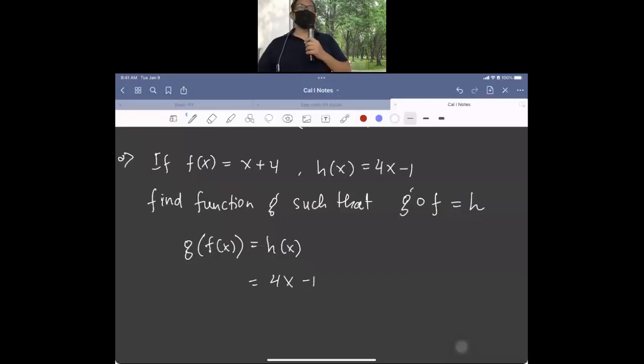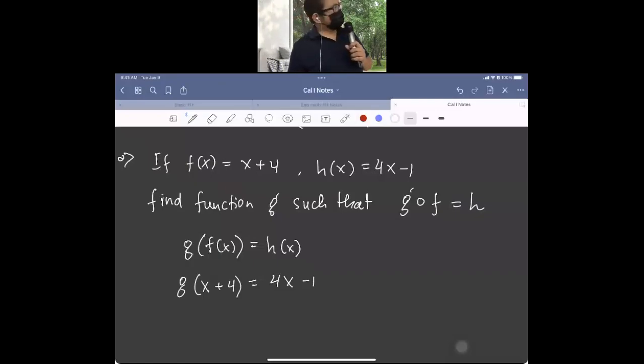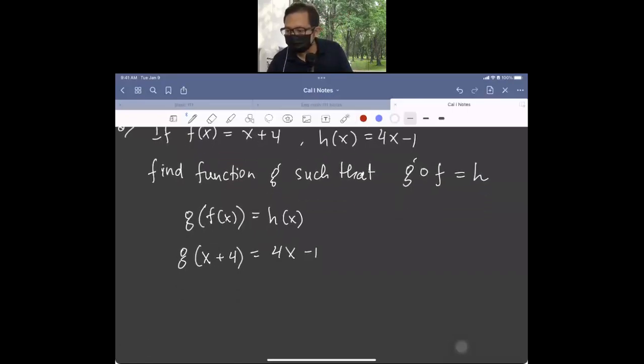This part, we don't know yet what kind of function g is, but we still just write down the possibility that it is x plus 4. So when we put this x plus 4 into g, there will be 4x minus 1. What we are going to do here is settle this part of x.